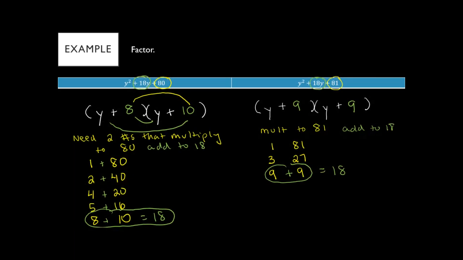Okay, so I'm going to actually write down here. These were of the form x squared plus bx plus c, which factors to (x plus p)(x plus q). So those are both plus signs.